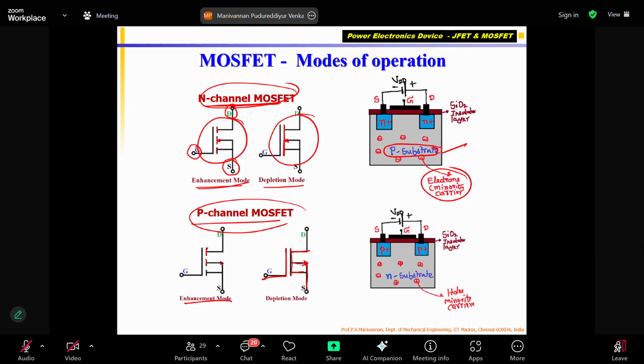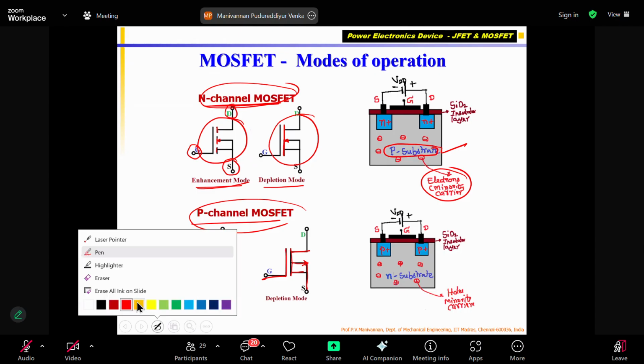P material has majority carrier holes, but our main intention is electrons. It has few electrons, which are called minority carriers. How many electrons should be there? That depends upon the pentavalent impurities in the P material. Sometimes they add them, or sometimes they can be created automatically. Basically, we take a P substrate, and it has electrons as minority carriers.